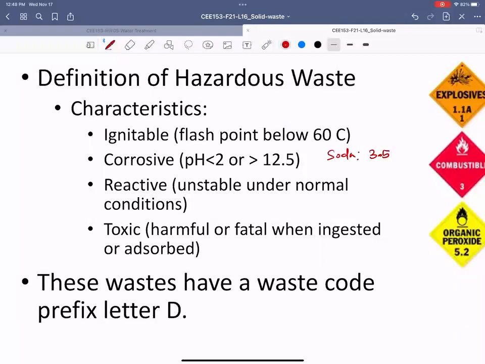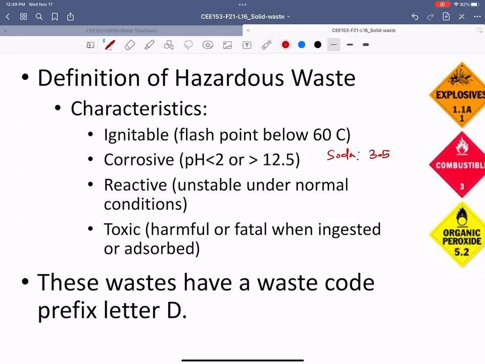And the reason it's 12.5 is because if they made it 12, at home, if you have bleach, that pH is very high. So that would mean they have to declare a very usable product like bleach as hazardous.